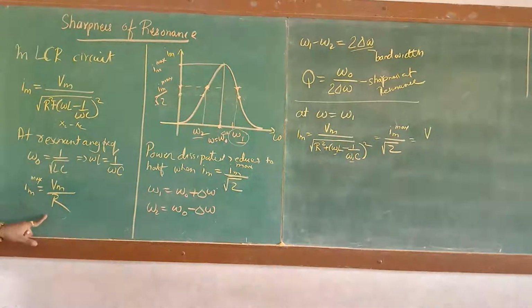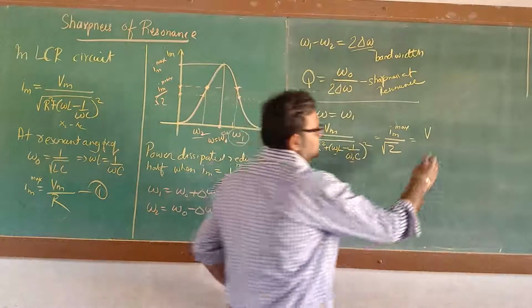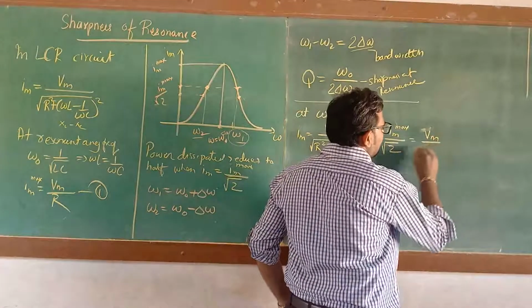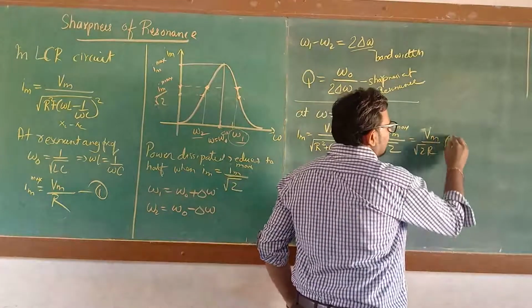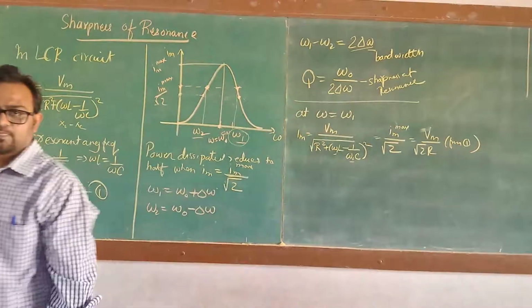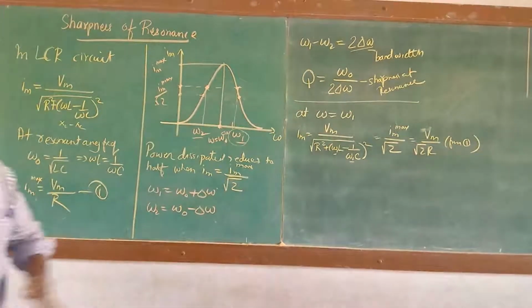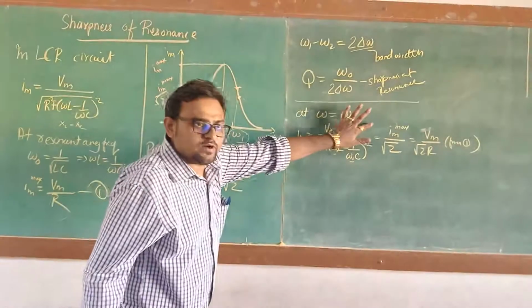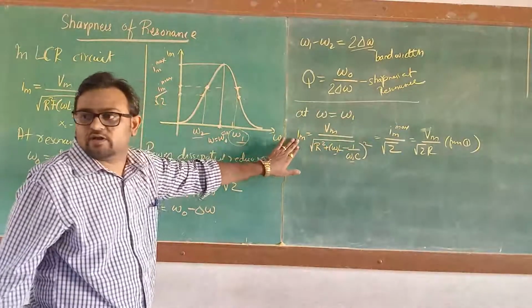Vm by R. So instead of Im max I am writing Vm by root 2R, from 1. Clear?